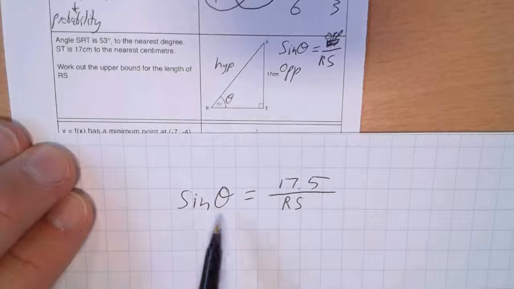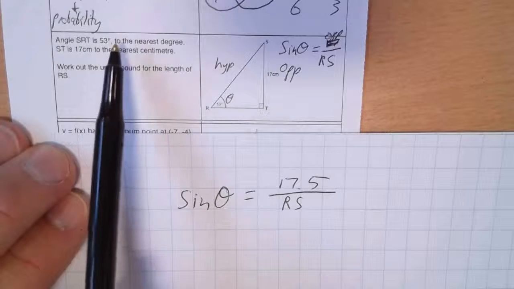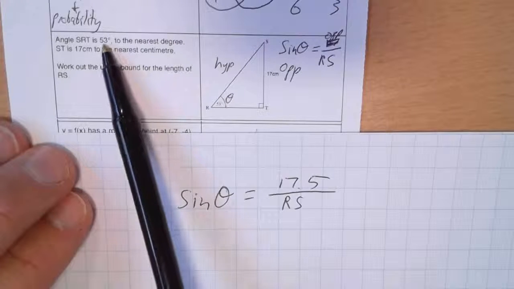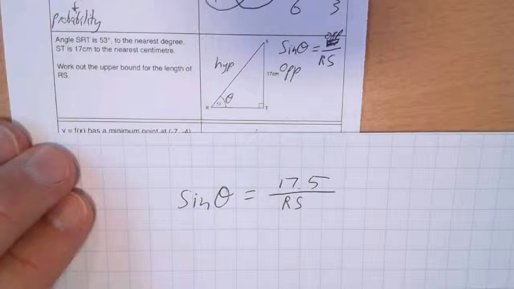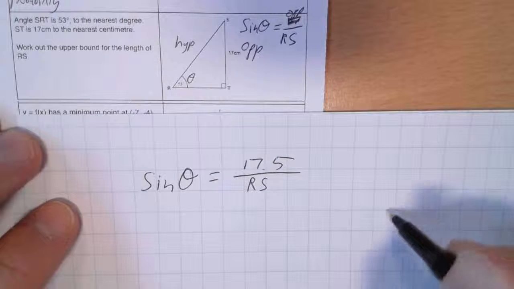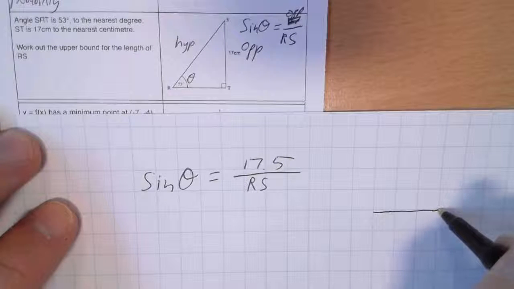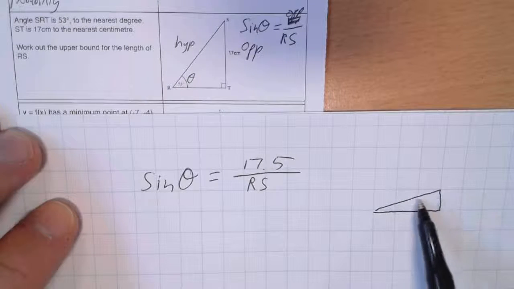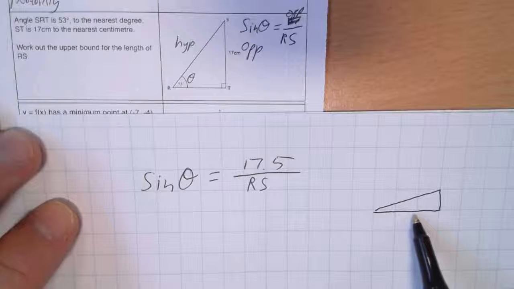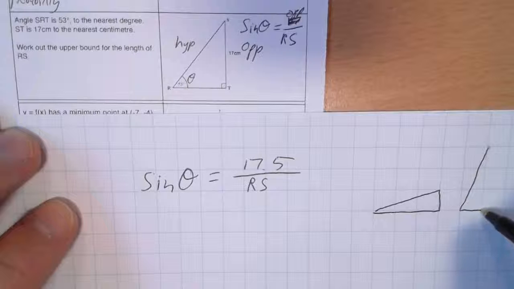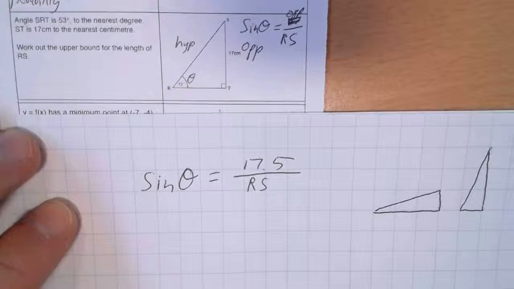Now, the thing is, SRT is 53 degrees to the nearest degree, and I want to see, right, do I need the maximum possible? Does it need to be 53.5 or the minimum possible, 52.5? And I'm going to draw a diagram to help explain that. So if you imagine a triangle that looks like that, these are quite similar lengths.